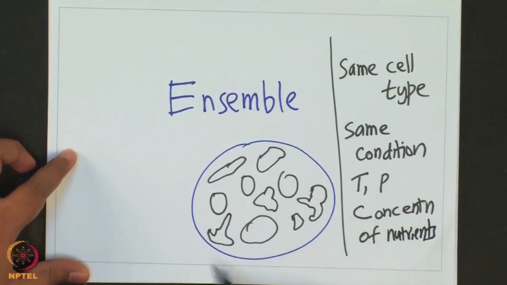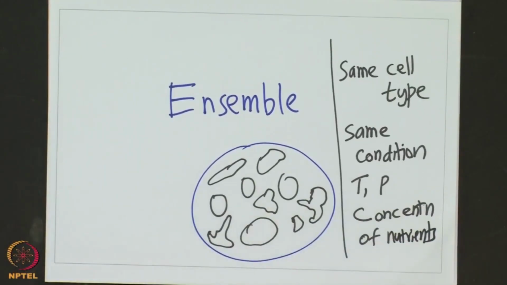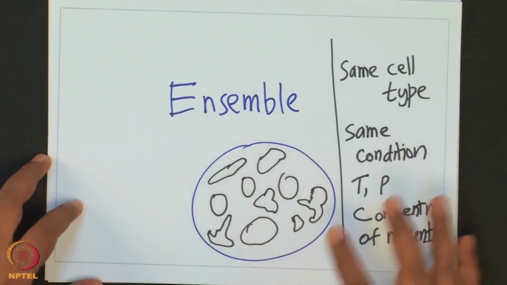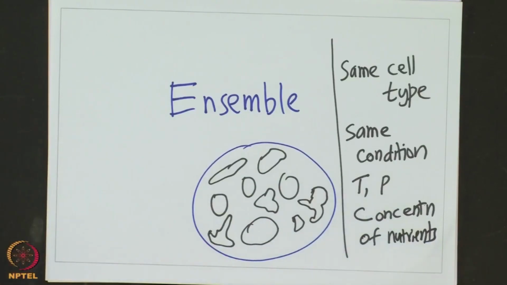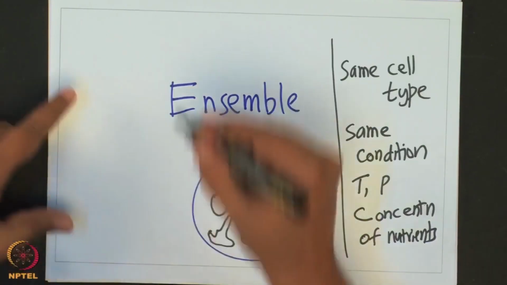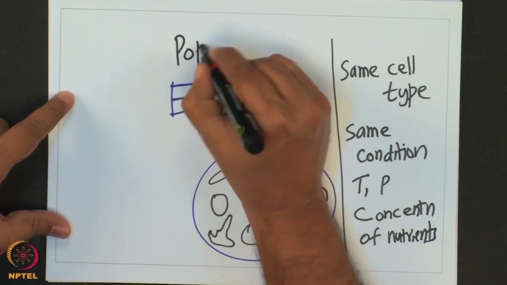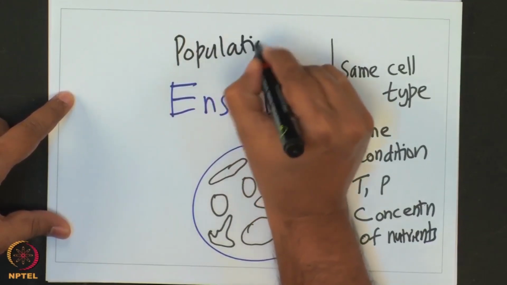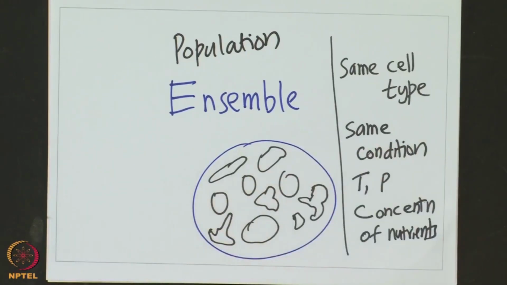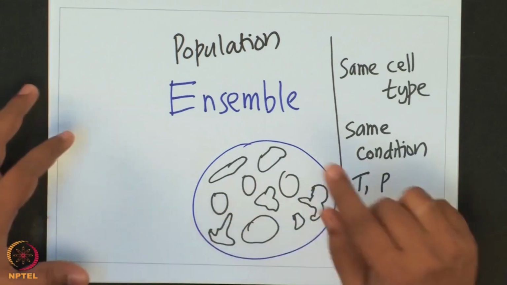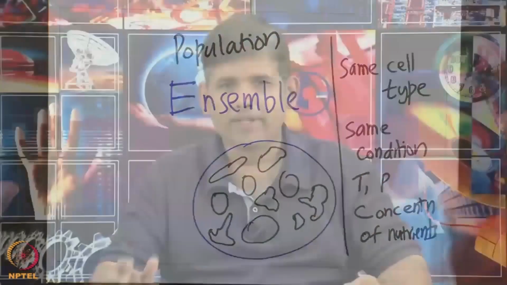They are all essentially seeing the same condition. This you would call an ensemble of cells or a population. These two words will be used very often: a population or an ensemble.